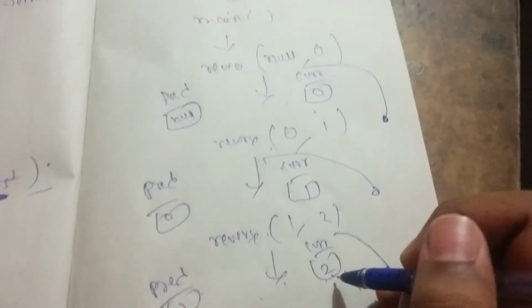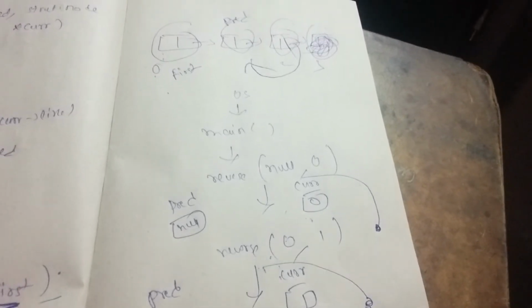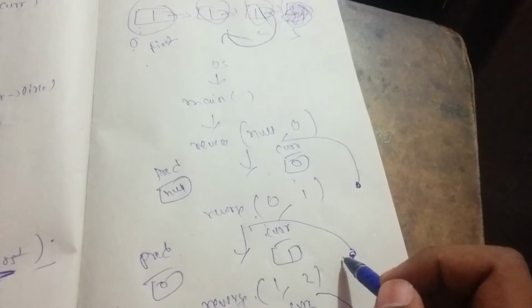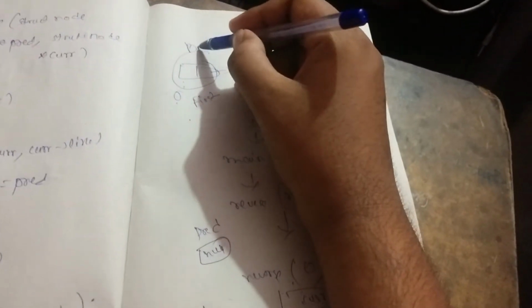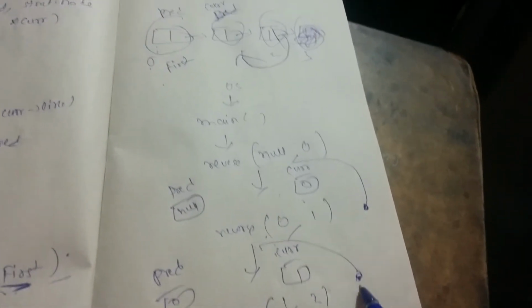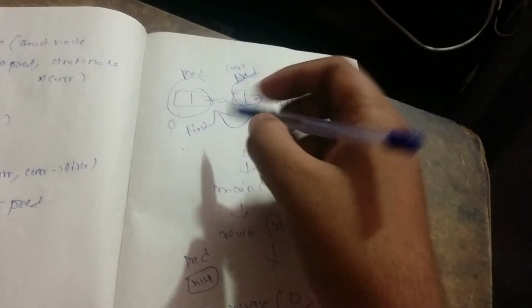When we come back to the previous part, again we have one code left, that is current and predecessor. Now predecessor is 0, current is 1, and current link equal to predecessor.